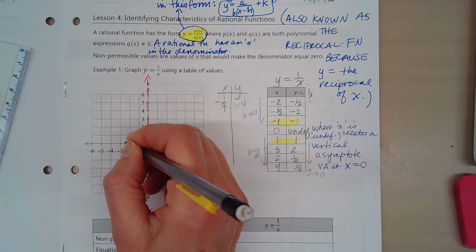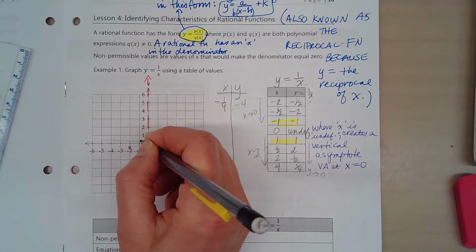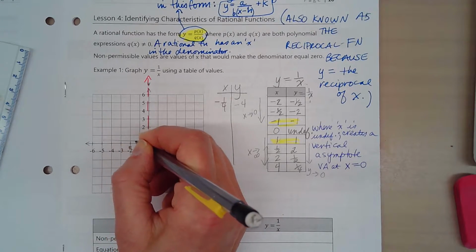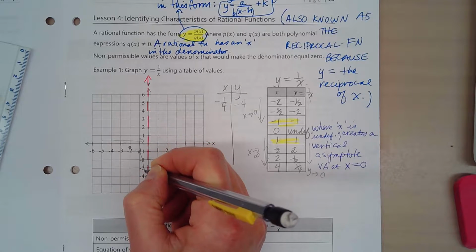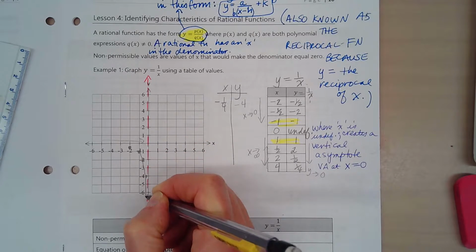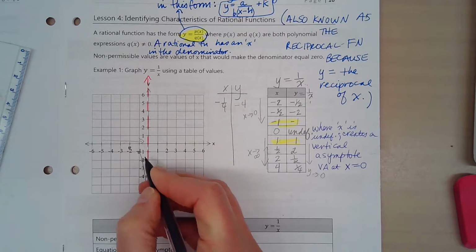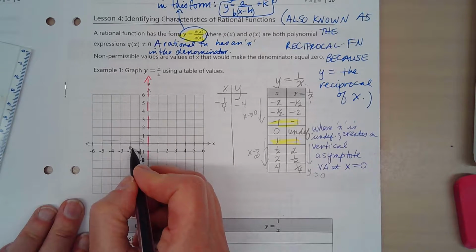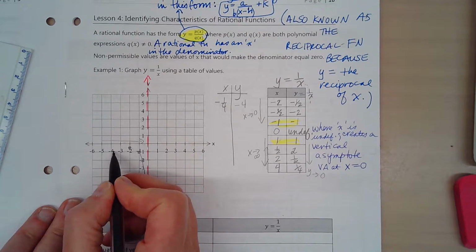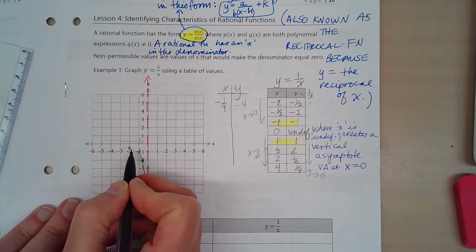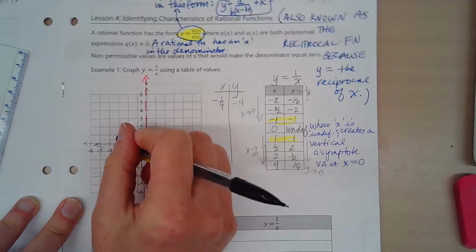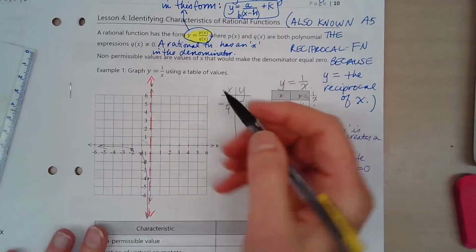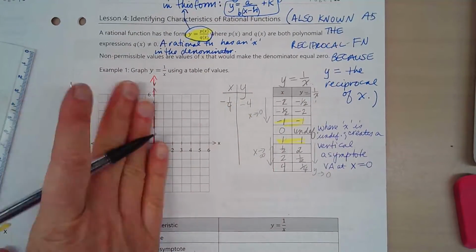As x gets smaller and smaller, y should get bigger and bigger, right? And sure enough, it is. As x is getting bigger and bigger, like look at my pencil, as x is traveling through the bigger negatives, y gets smaller.